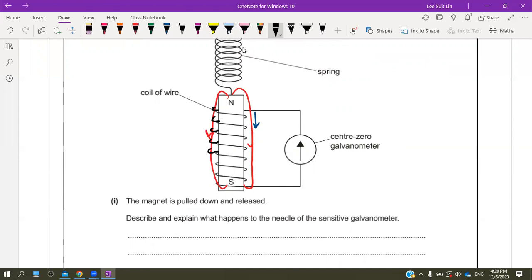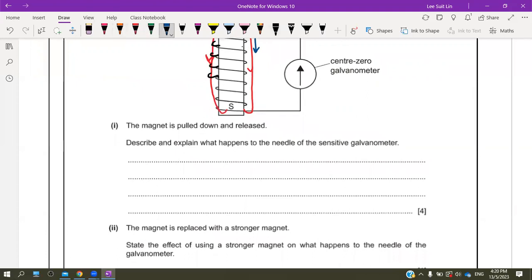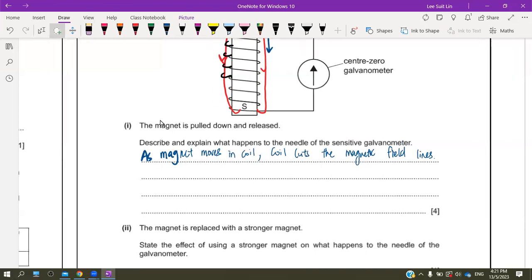Okay, so I think I'll start by saying that as the magnet moves up and down in the coil, the coil cuts the magnetic field lines. So identify where the cutting is happening.